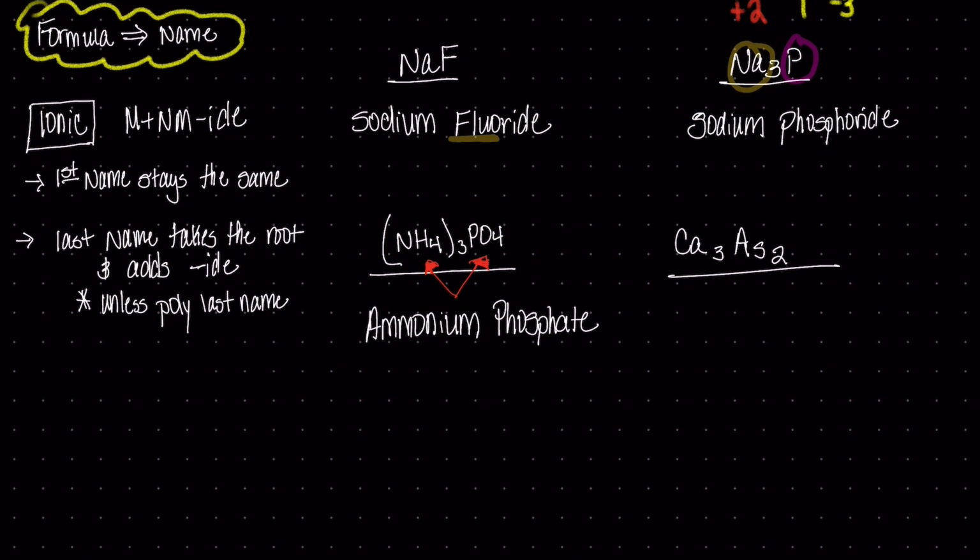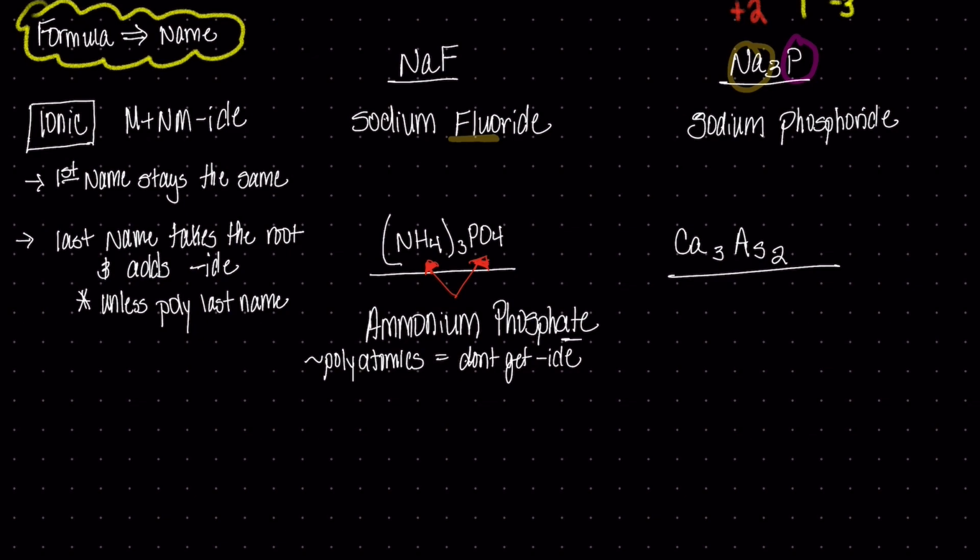So here you have to recognize that these are both polyatoms. They don't get IDE endings. So they're special. They're special groups of elements. So that way we have to understand that and represent that properly in their name.